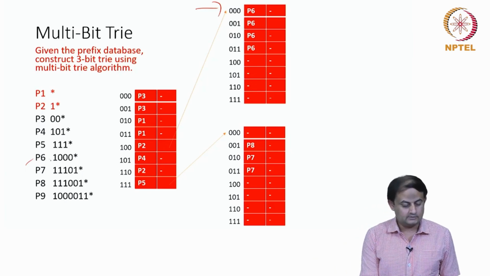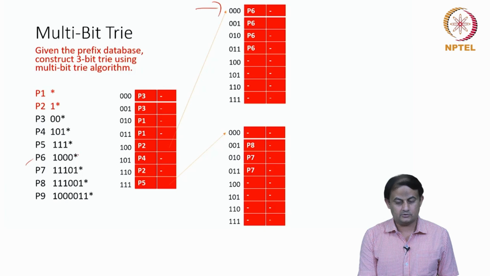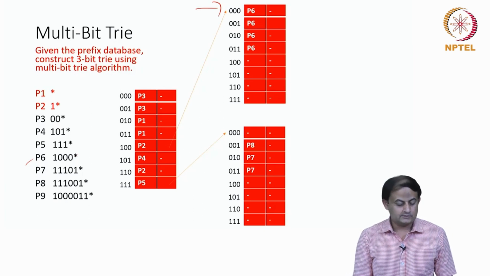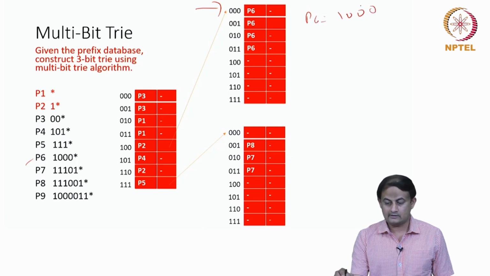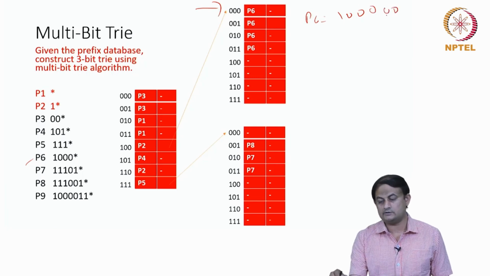P6 is 1 followed by 00 followed by 0 star. If I expand this, 100 is fixed, and then another 0 is fixed, but the next 2 bits can be 00 or 01 or 10 or 11.